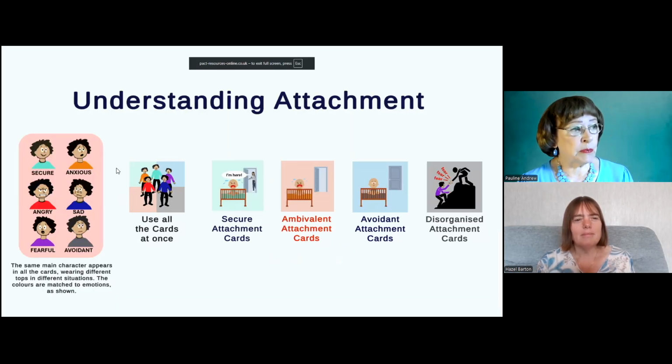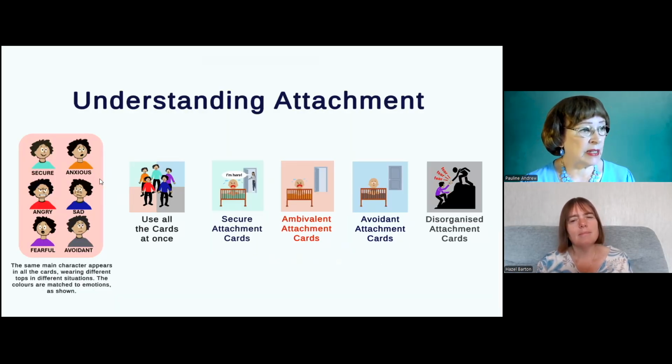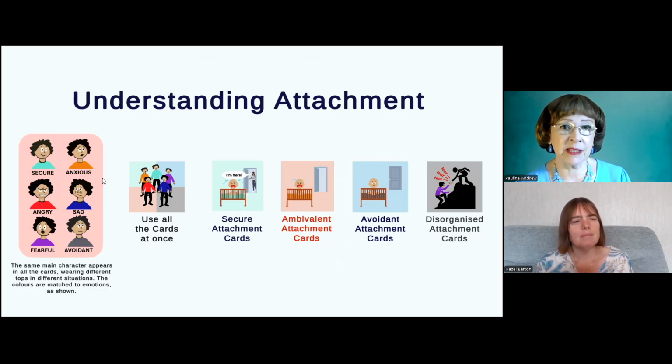The first thing I want to point out to you is this card on the left, where the same main character appears throughout all the cards, but they are wearing a different colour top. They represent emotions. Secure is that sea greeny, bluey greeny colour.